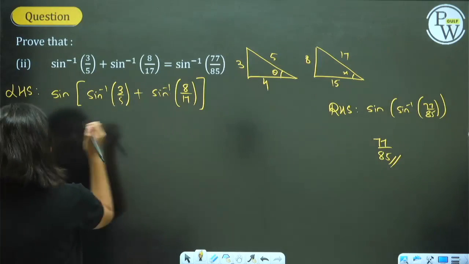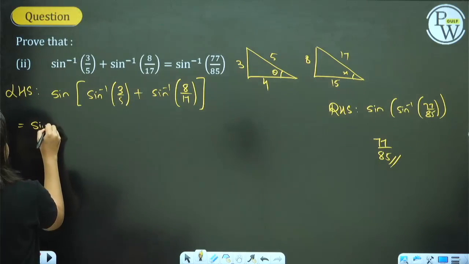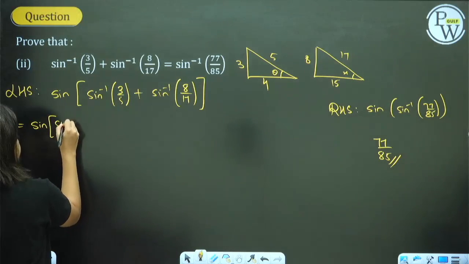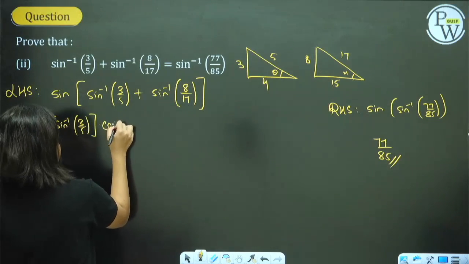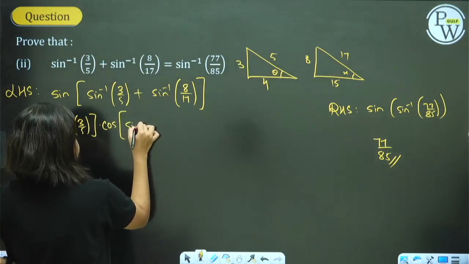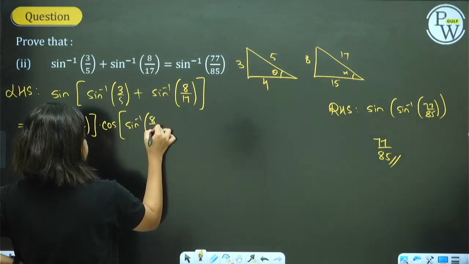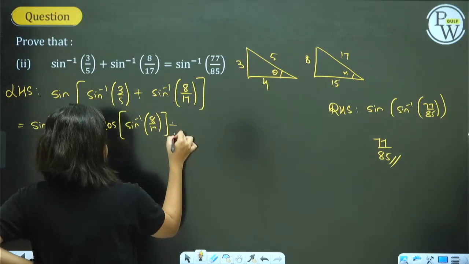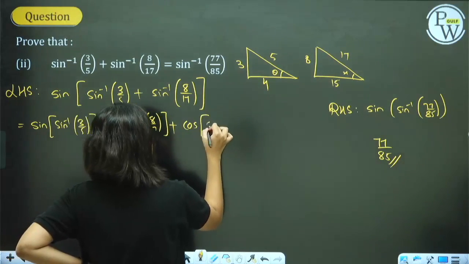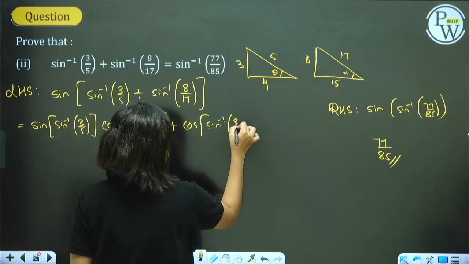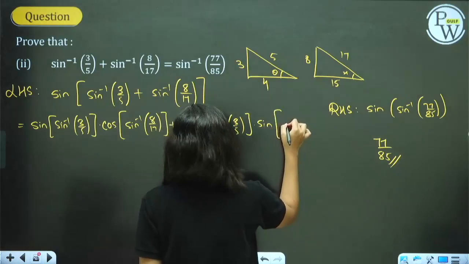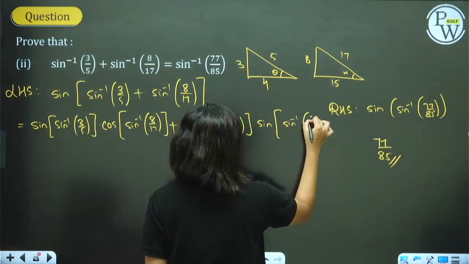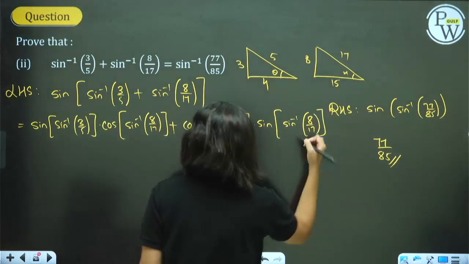Sine of A plus B is sin A cos B plus cos A into sin B. Check, check.